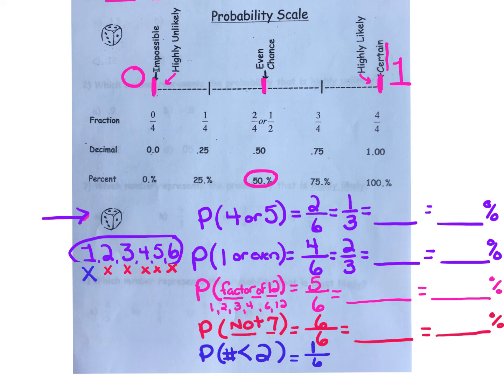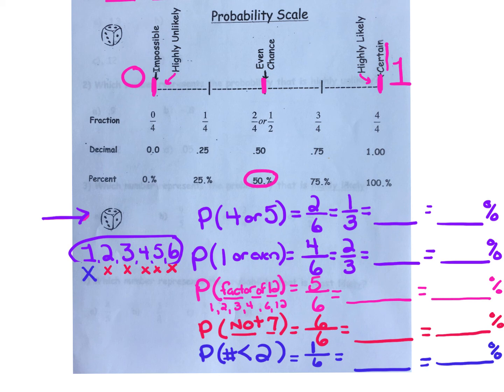So you have 1 success out of 6 possible outcomes. Divide and convert that to a decimal value, and then multiply by 100 and convert it to a percent. Pause the video right now and use your calculator to make these conversions. When you're ready, turn your video back on and check your work. Please pause your video right now.